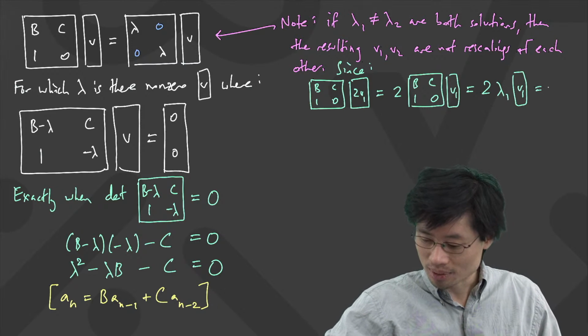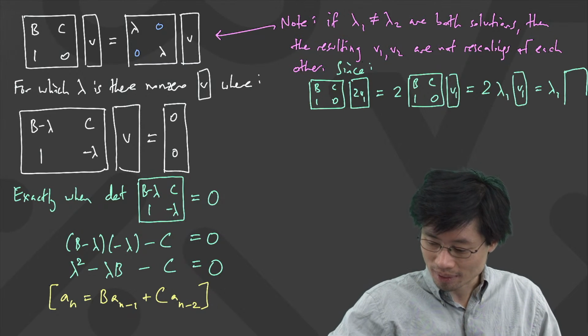Oh, but that's equal to just lambda 1 times twice the V1.